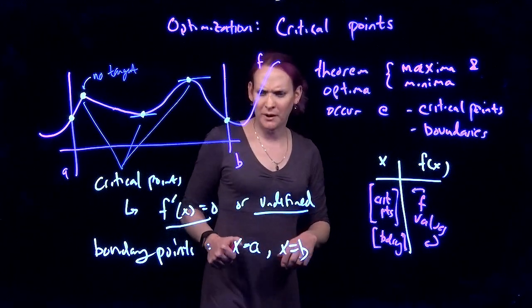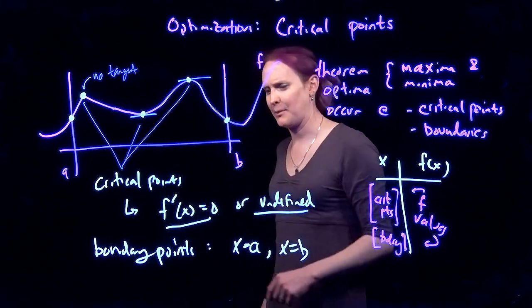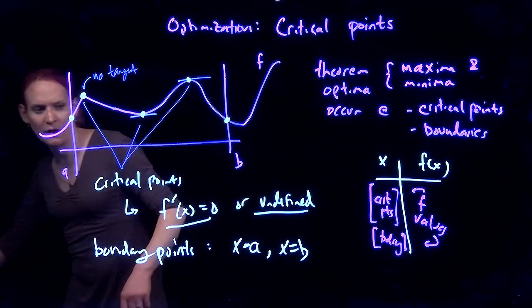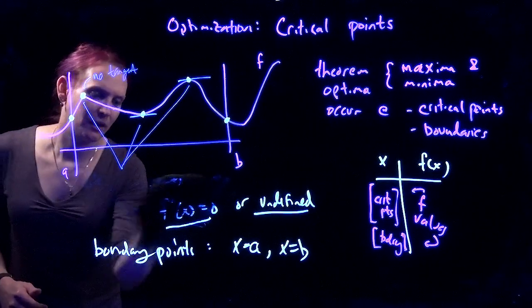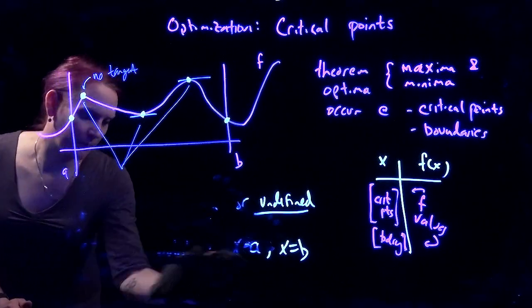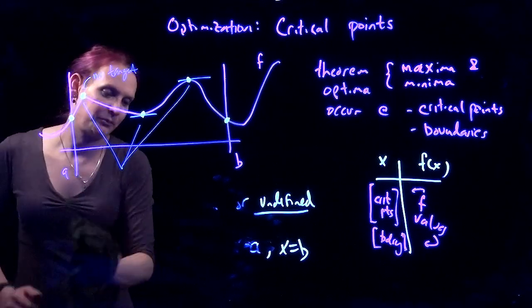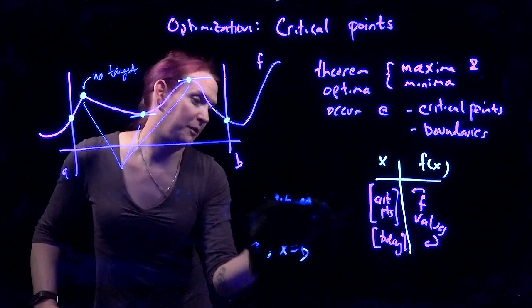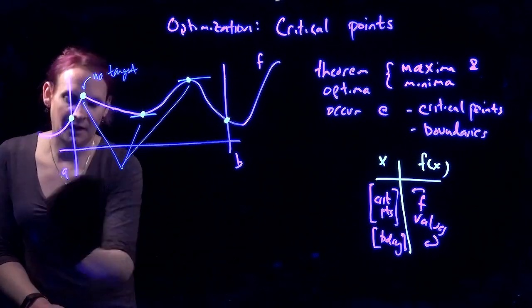So I want to point out something subtle about this picture that I didn't make happen here. So let me draw a slightly different picture for you that highlights an important fact. If we have this theorem, and we do, this theorem says that maxima and minima, optima, occur at critical points and boundaries.